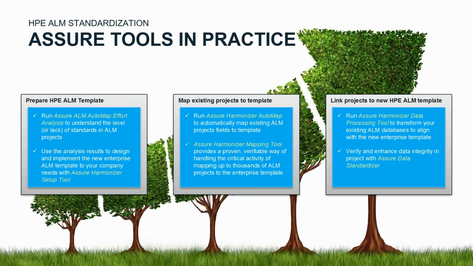Now, once we did that, we have the template lists available in our project, and that enabled us to run the Azure Data Standardizer. So that's really, in a very short time span, the activities that we want to do whenever standardizing our projects to an enterprise ALM template.